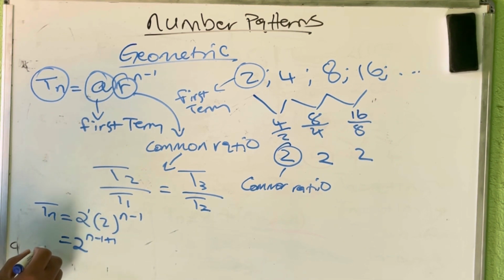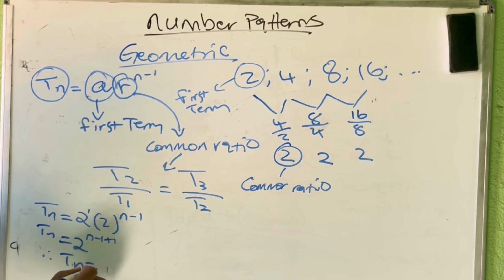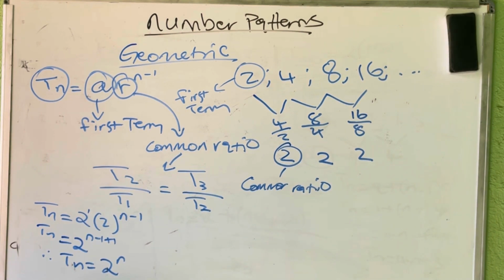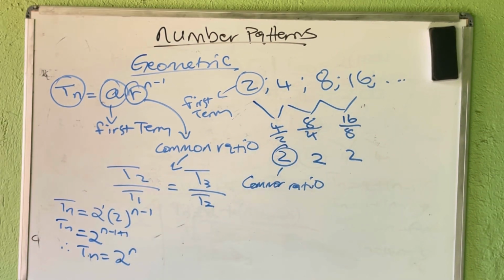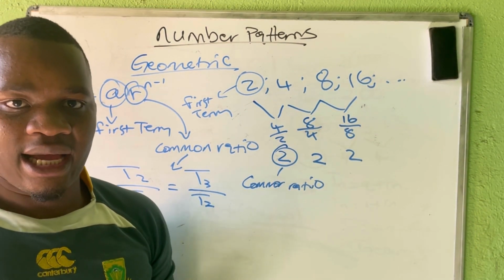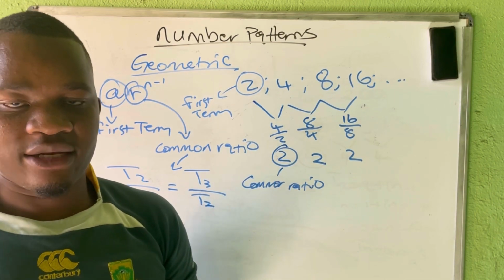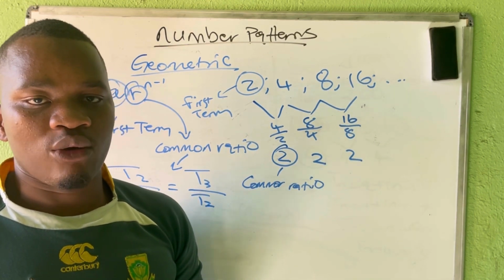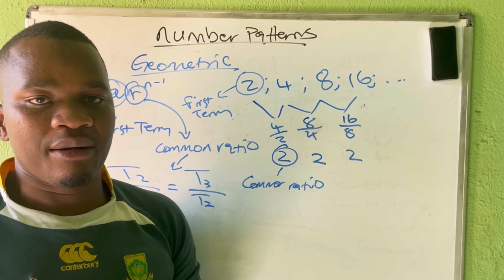Therefore, Tn equals 2 to the n. So term number 100, term number 1000, term number 150 million, you can get it there. So we're going to hold it here until we meet again to do the quadratic pattern.